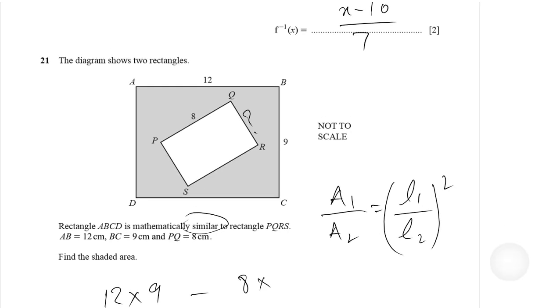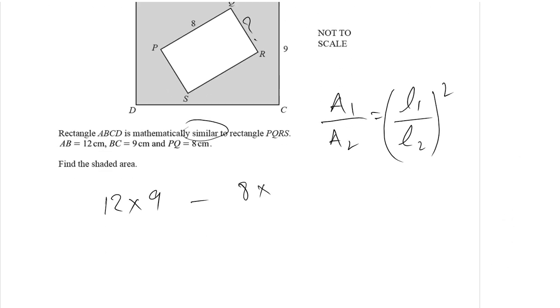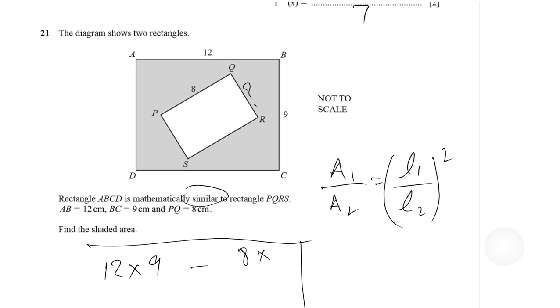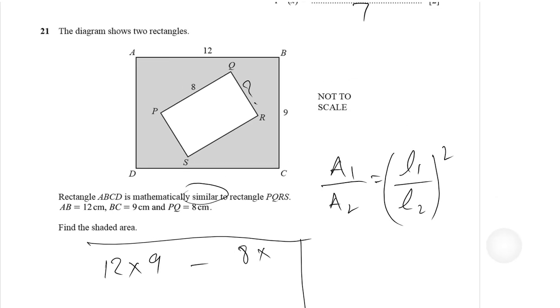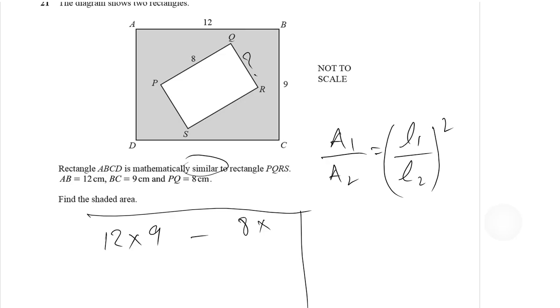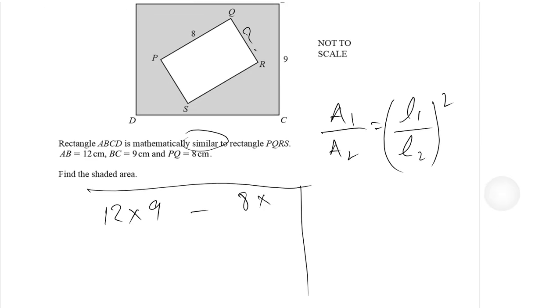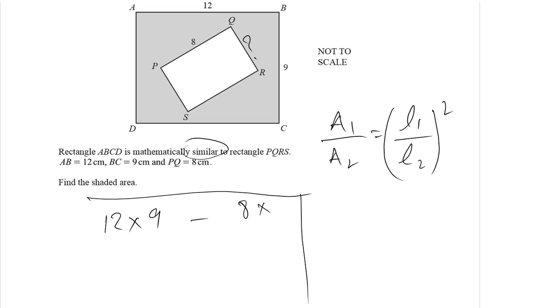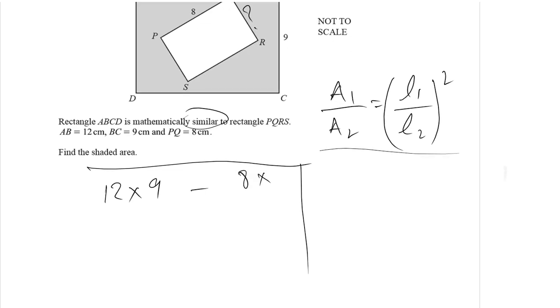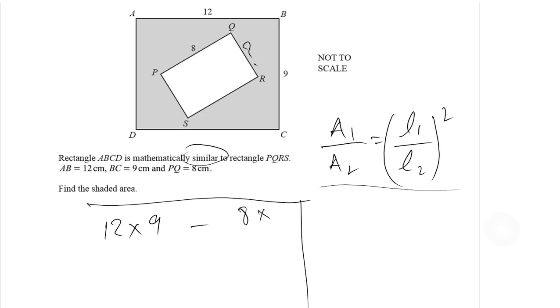First of all, yes, this approach was fine, but we need to find the side first. And since they are similar, we can find the side by comparing them. So find the sides, you can just compare them.